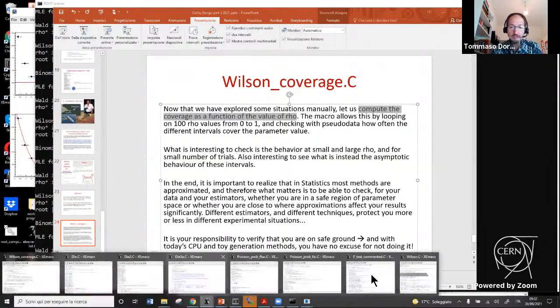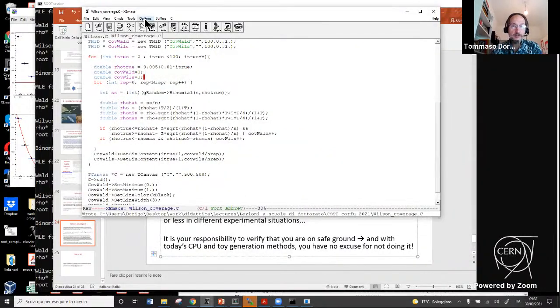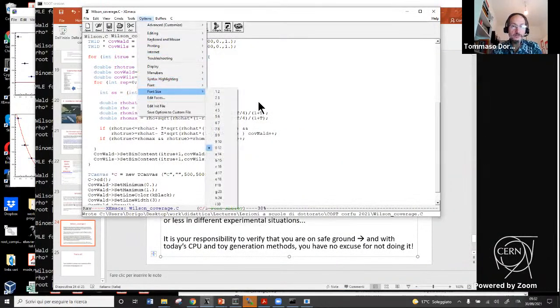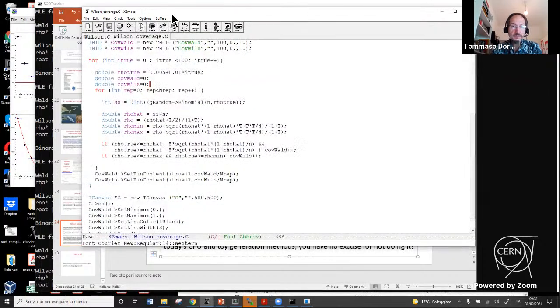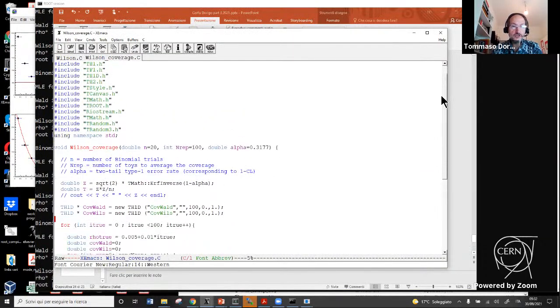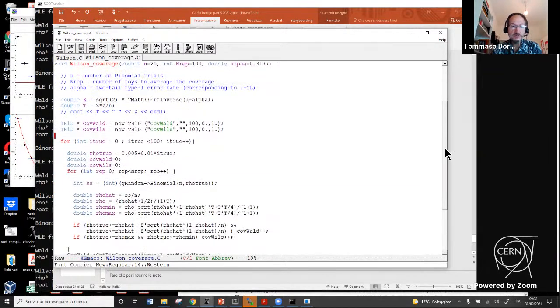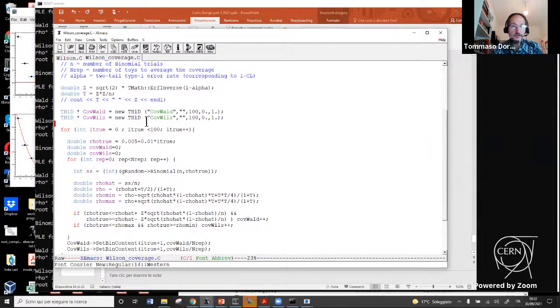Good, so here is the implementation I put together of Wilson coverage.c. Let me again increase the font. Okay, so here we do the same thing that we did before, but we also fill a couple of histograms with the coverage as a function of rho from 0 to 1. So 100 bins.